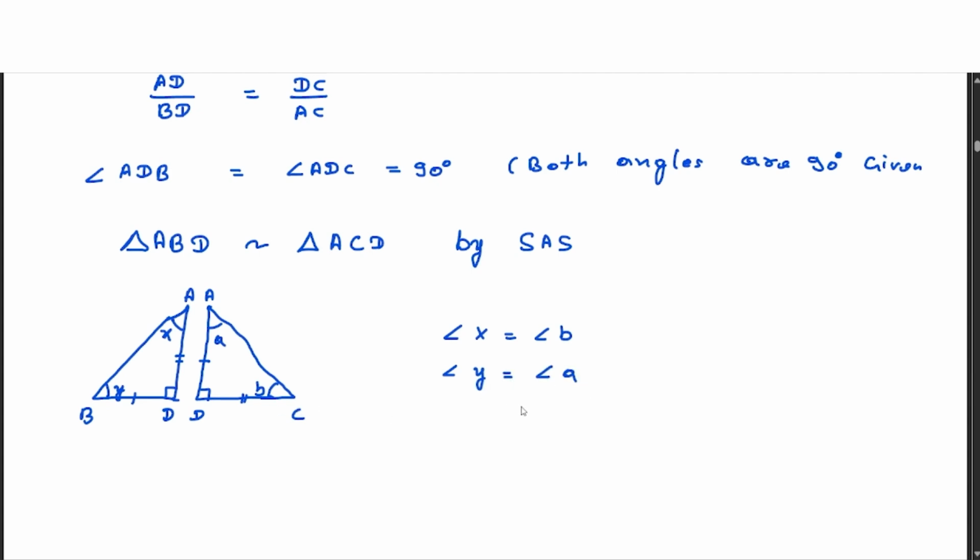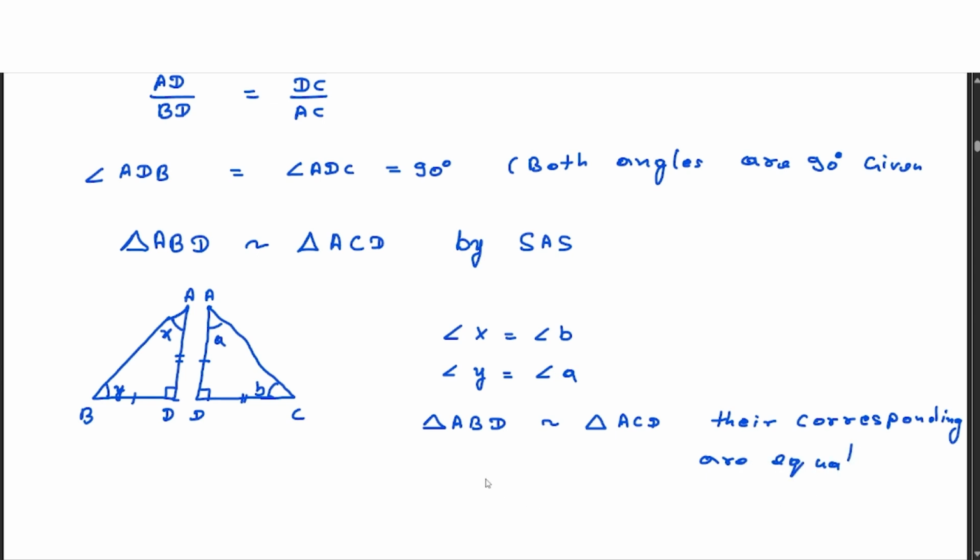Now from this, since triangle ABD is similar to triangle ACD, both the triangles are similar, so their corresponding angles are equal. That is one thing.